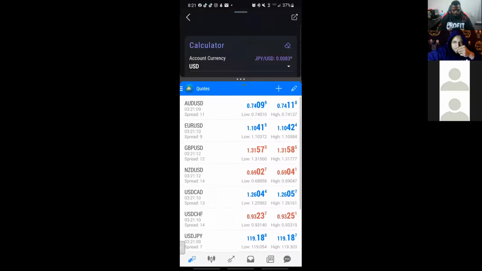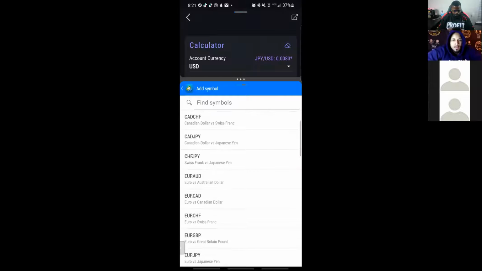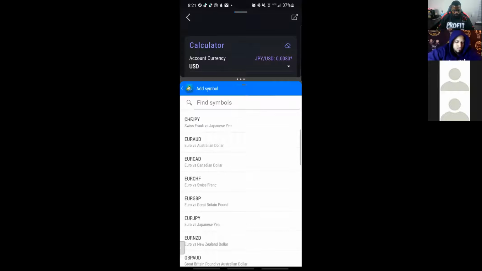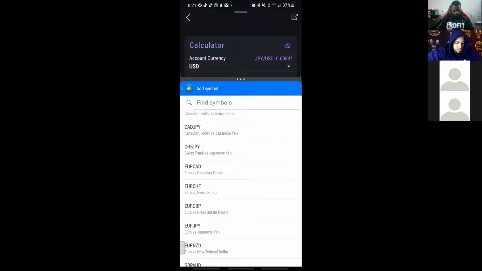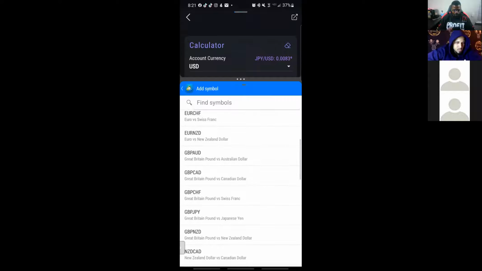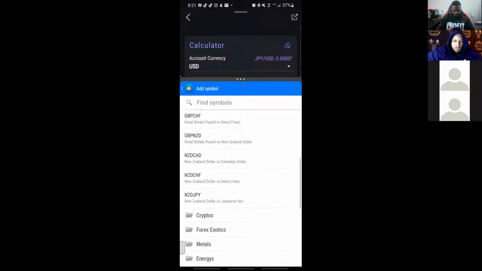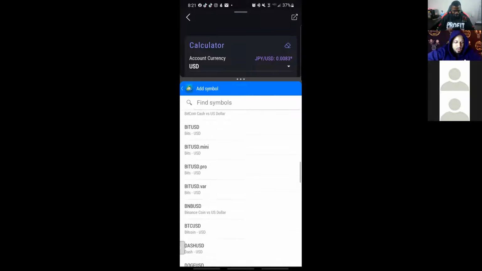You would simply hit the plus sign at the top, come to Forex crosses, and add all of the major pairs. If there's something that you see posted as far as a trade setup that you do not have inside of your quote section, simply come up to that plus sign, find it, and add it.